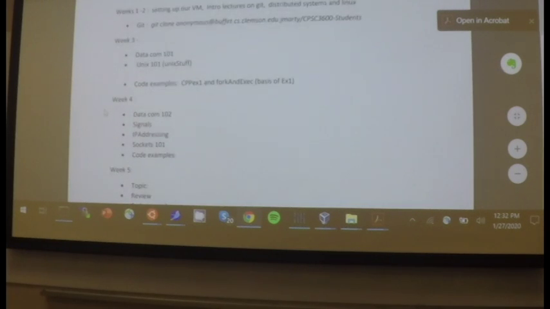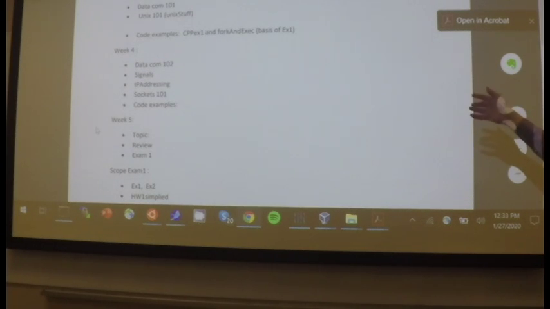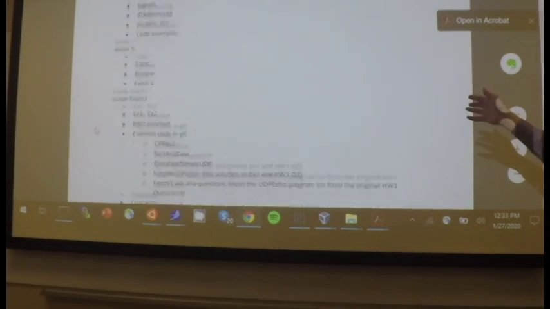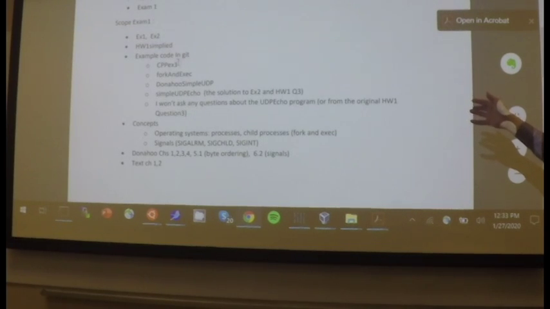I think this is almost more for my help than for yours, but this is basically keeping track of what we talked about week by week, with probably the most important part identifying what is covered on exam 1.